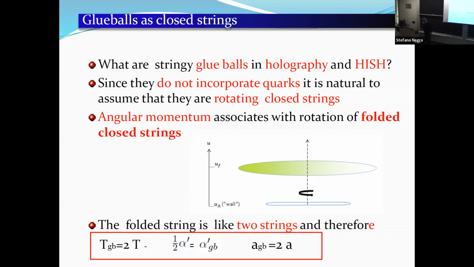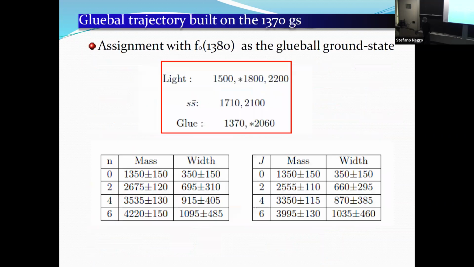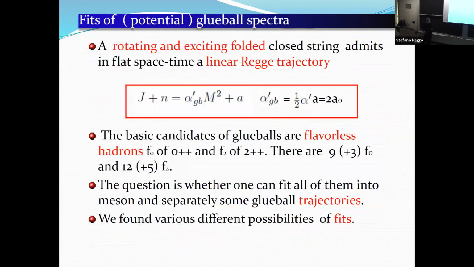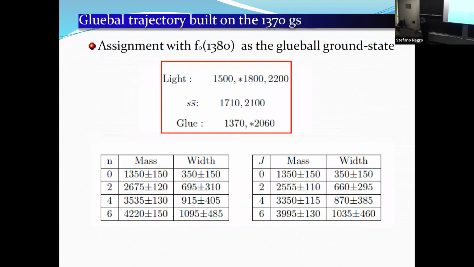And so now the question is, if you take all the data, and we really went to the PDG, it's not a job that we took lightly, some 15 or so 0++ and 2++ states, and we try to put them all in trajectories of mesons, and it does not work. So it's clear that at least some of the states do not sit nicely on the mesonic lines.